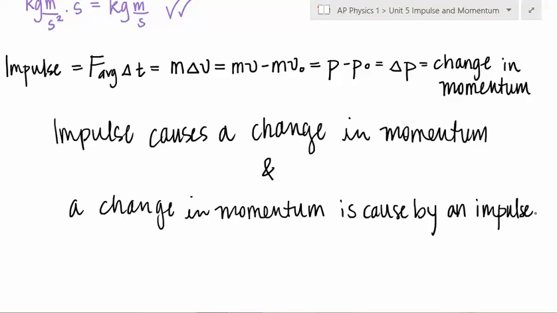So impulse causes a change in momentum. Or you can think of it as a change in momentum must have been caused by an impulse. There has to be a force to cause an acceleration, which would cause the velocity to change. Therefore, momentum changed. And if there's a momentum change, that means there had to be an impulse.